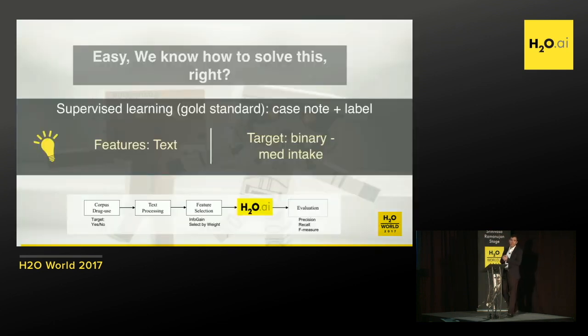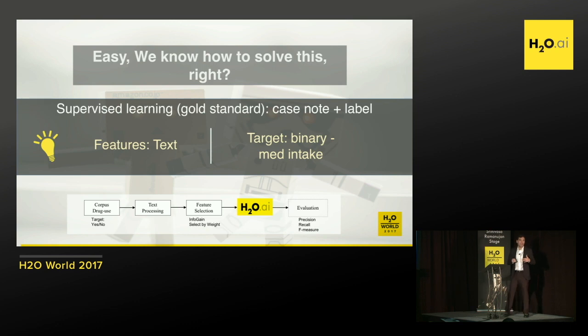So you might think, well, it's pretty simple. Let's transform this business problem into a technical problem. We know how to do this. It's a supervised learning exercise where we have a case note, and if we get a gold standard from the caseworkers, from the case managers, then we can try to find a pattern and use that pattern to infer new cases of psychotropic drug use.